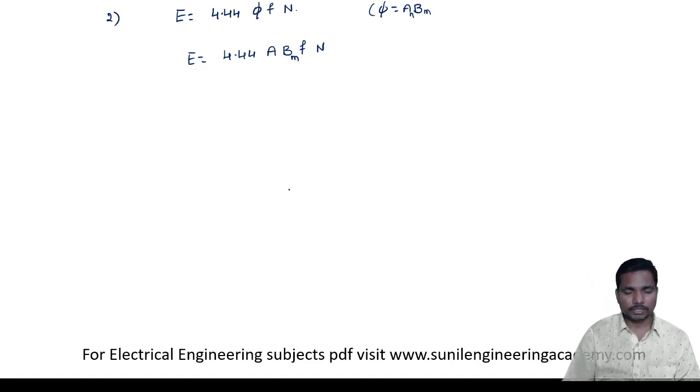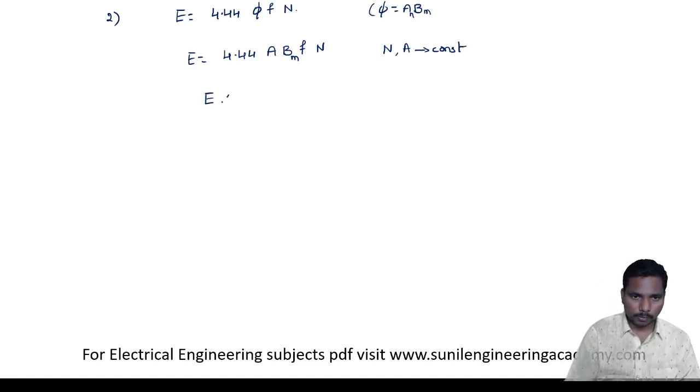Here, once the transformer is manufactured, the number of turns is constant, the cross section area is constant, and 4.44 is also constant.